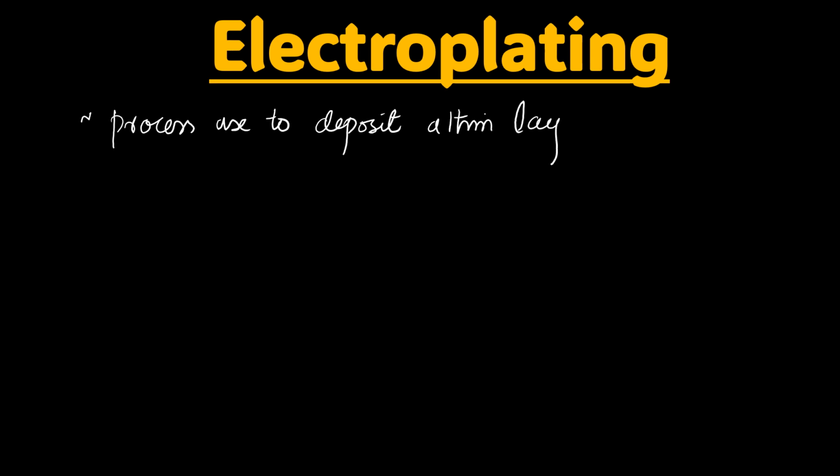So we can say that electroplating is a process used to deposit a thin layer of one metal onto another metal.